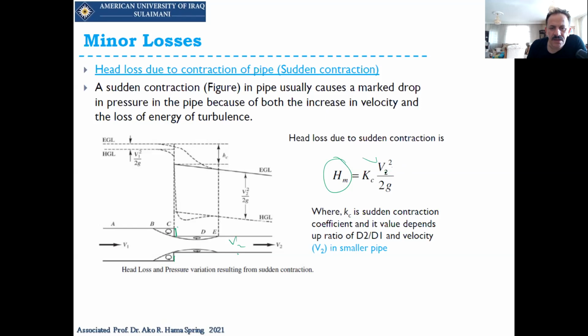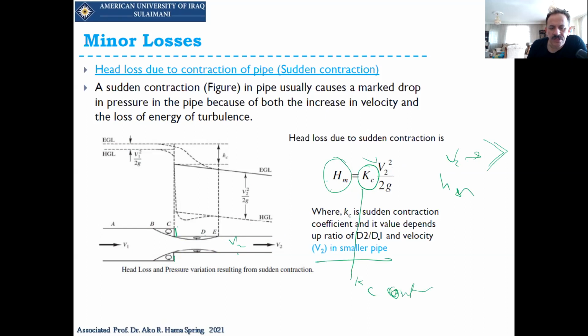So higher V2 means higher minor loss. The minor head loss due to that contraction will be multiplied by a coefficient, called Kc. K is for constant, C is for contraction.